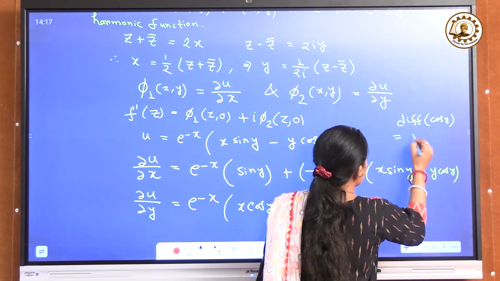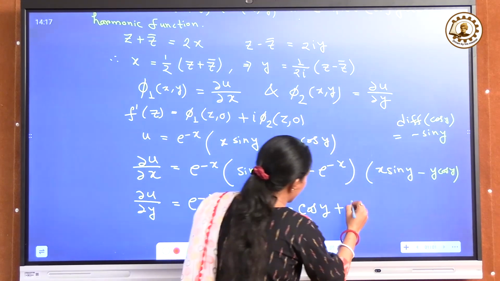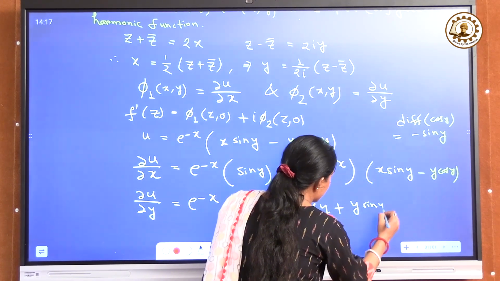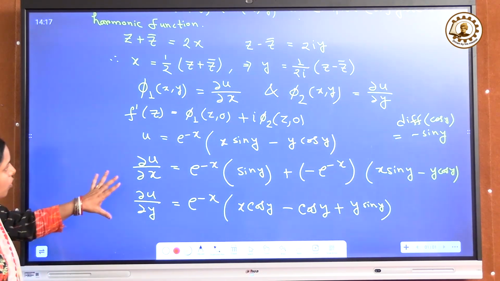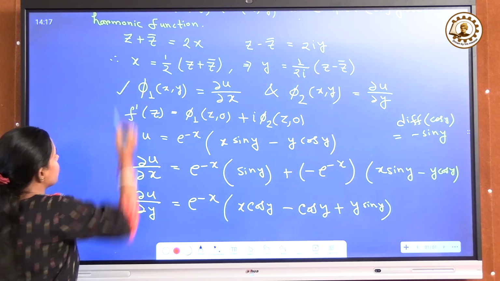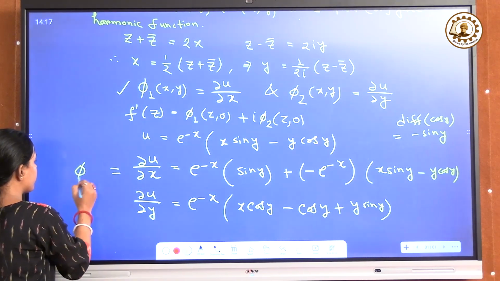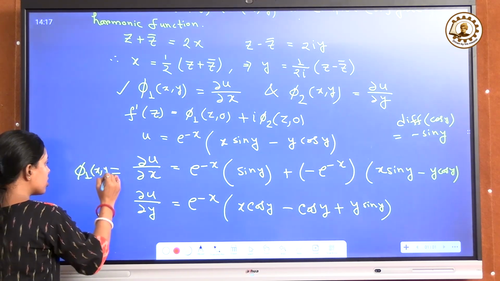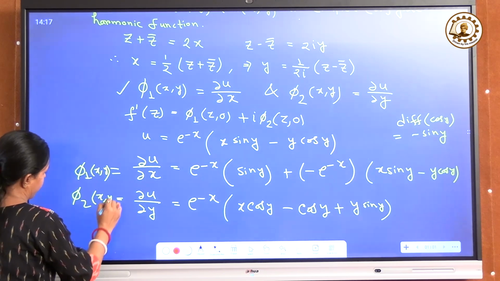What is the derivative of cos y? Minus sin y, so we get plus y sin y. Clear? Then we know del u del x is phi 1(x,y), and del u del y is phi 2 of x, y.